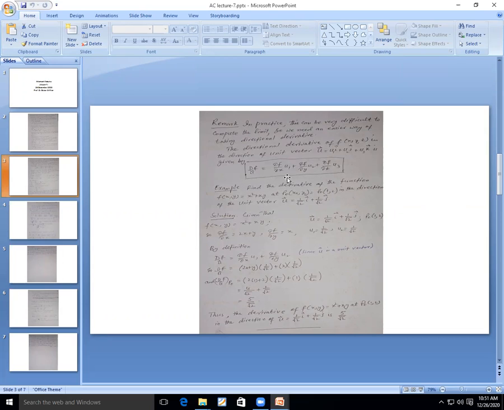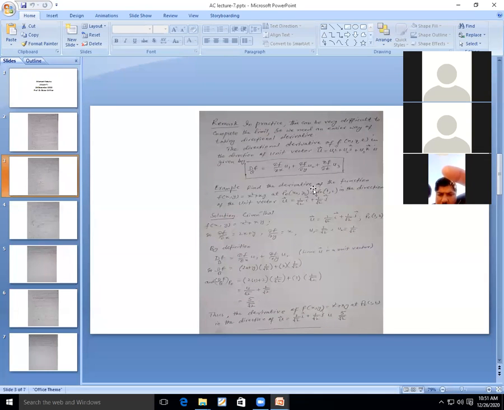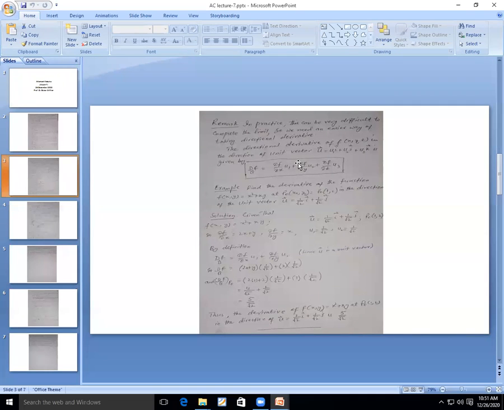What is in the example? The example says: find the derivative of the function f in 2 variables x and y, defined as f of x, y equal to x square plus xy, at the point x naught, y naught equal to 1, 2, that is, x naught is 1 and y naught is 2, in the direction of unit vector u, which is equal to 1 over root 2 i vector plus 1 over root 2 j vector.